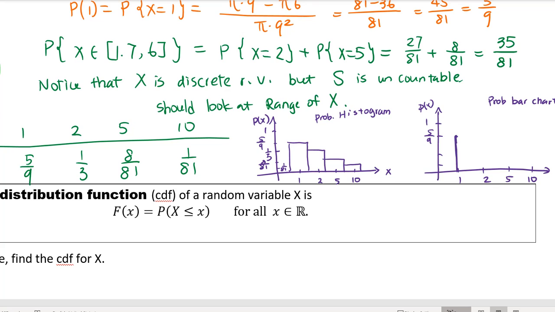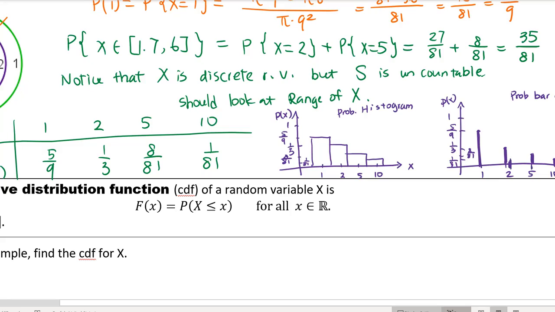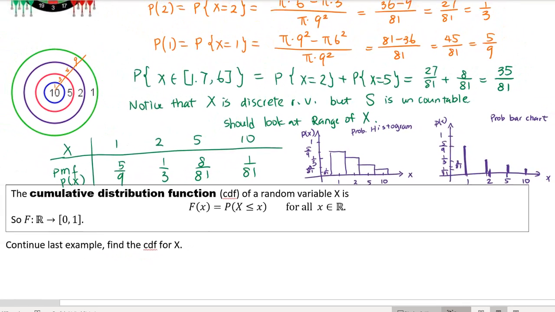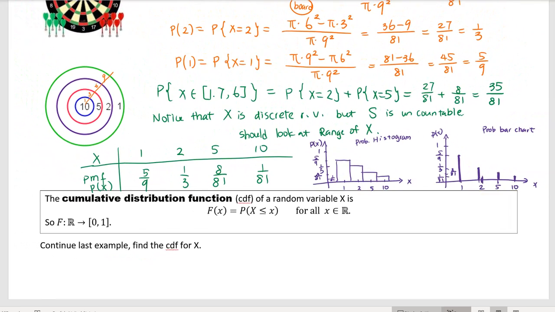So for a bar chart you just connect these, and this is 1/3 right here. You connect this. This is 8 over 81. Connect this. Finally, 1 over 81. You connect this. So this is the probability bar chart. And so now we have talked about the PMF.